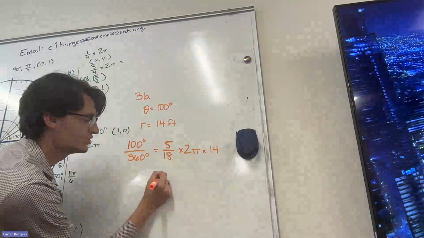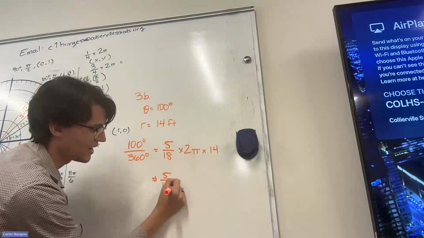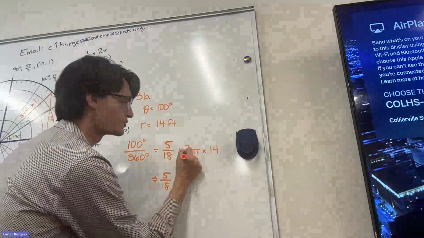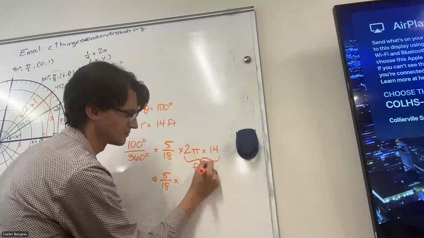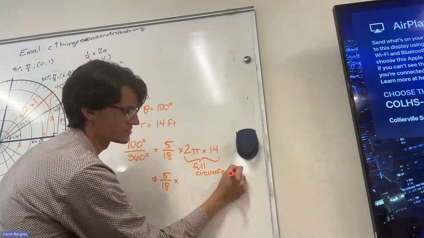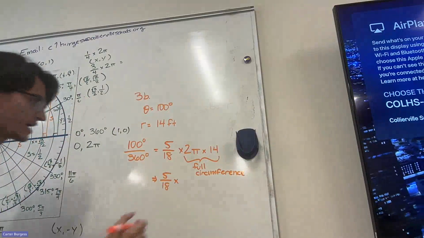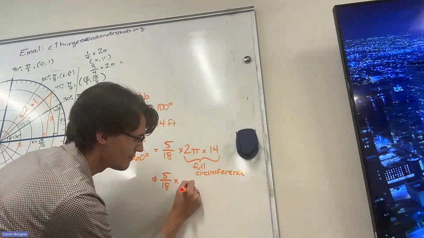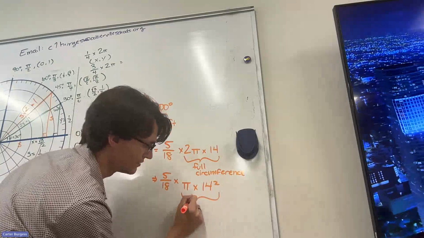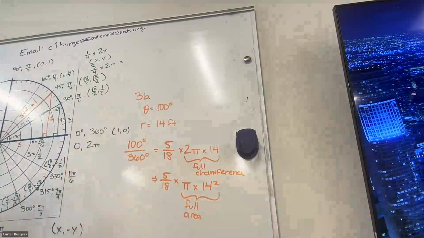And then if I wanted to find my sector area, rather than multiplying by my full circumference, what would I multiply by instead? Pi r squared, my full area, pi times 14 squared.